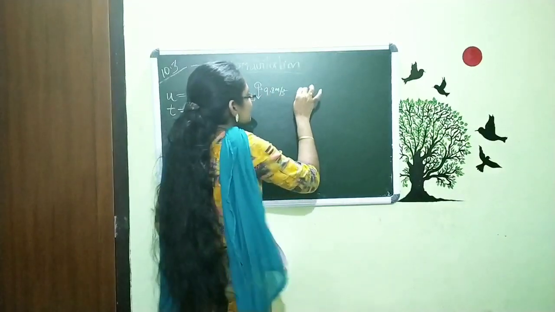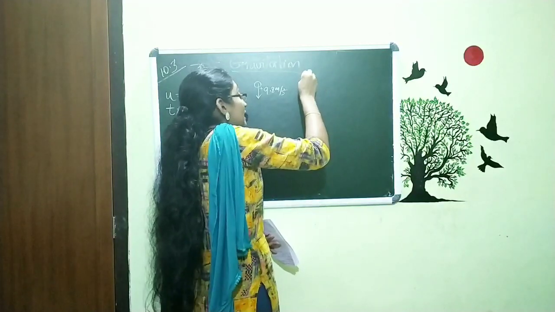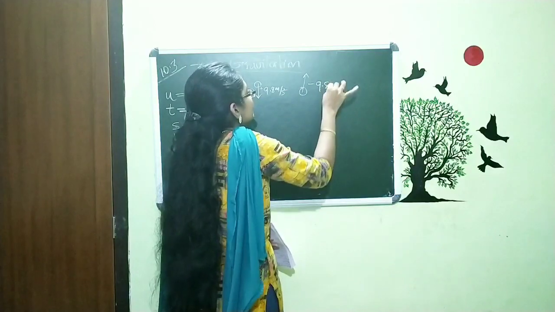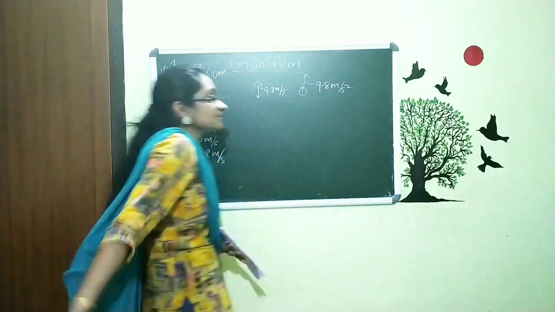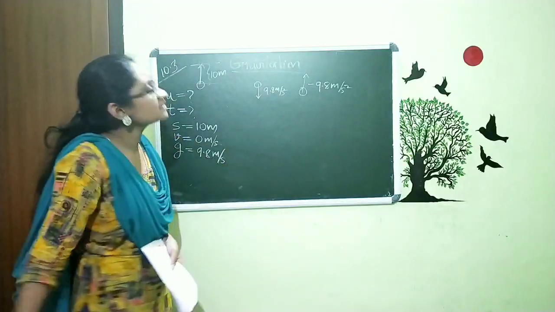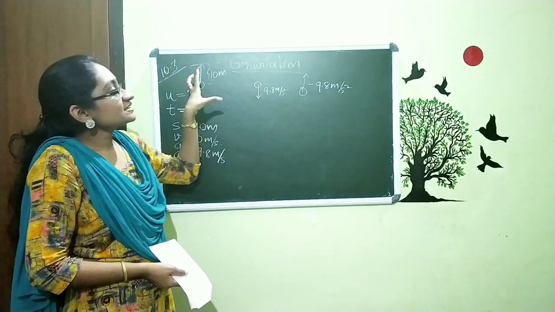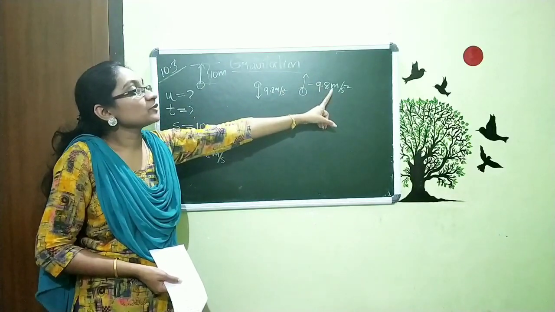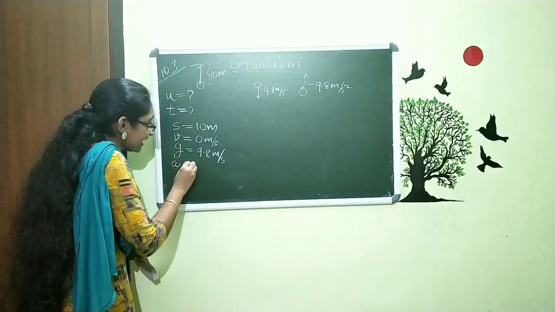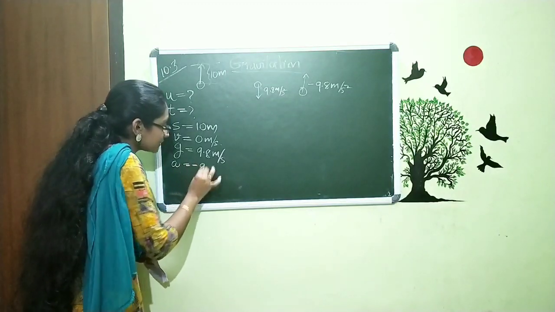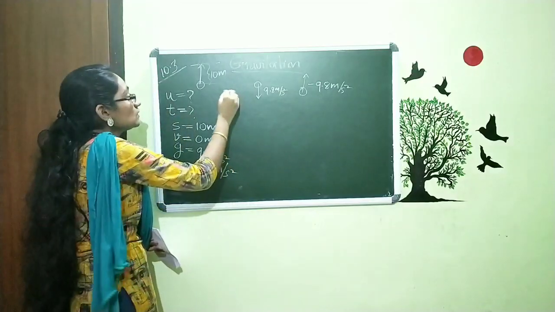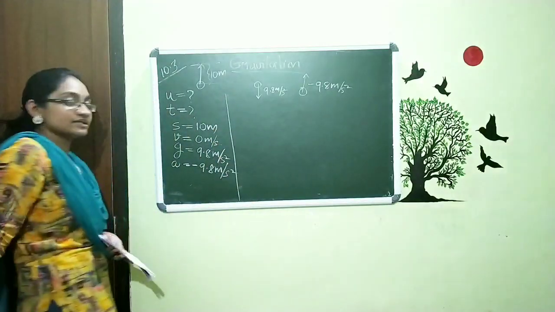And when the stone or object is going upward, we take it as minus 9.8 meter per second square. The direction, we are representing it as positive and negative. For the positive, we are not writing the sign. So when this is going upward, we take minus 9.8 meter per second square. So here the acceleration a is equal to minus 9.8 meter per second square. So these are the values.